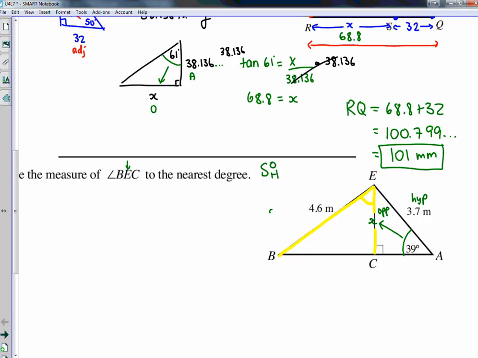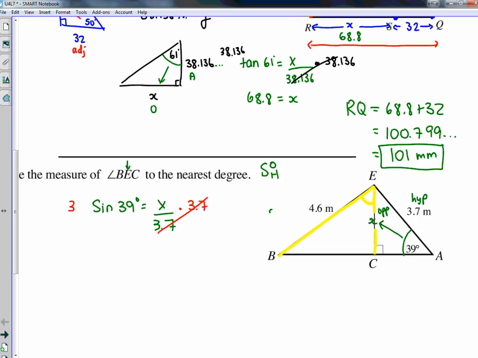So I'd set up sine of 39 equals what divided by what? Opposite over hypotenuse. So what do we do to both sides? Multiply both sides by 3.7, right? Or you could think of it as cross multiplying, so put it over 1, cross multiply. Same thing.